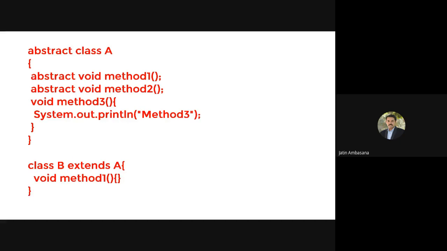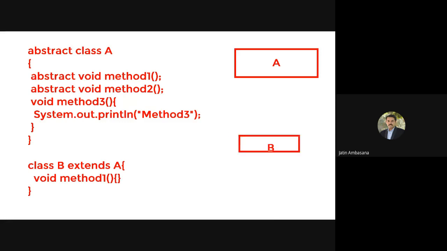It's something like this. This is class A, this is class B, and class B is extending from class A. The problem is that B is only implementing one abstract method here.